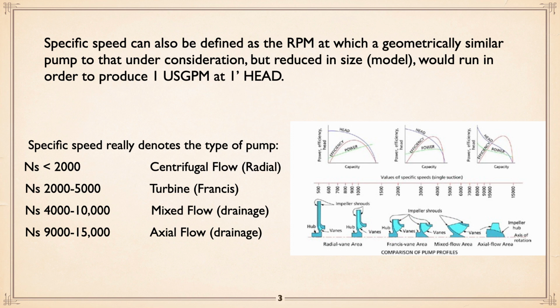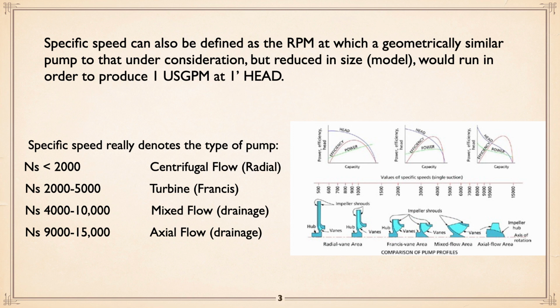In other words, the water comes in and virtually makes a right angle and discharges off to the sides. Okay, now, if you look at this graph to the right, it shows you what that looks like. In other words, it's virtually a straight right angle discharge, and it shows you the head, efficiency and power that is typical of that pump range.